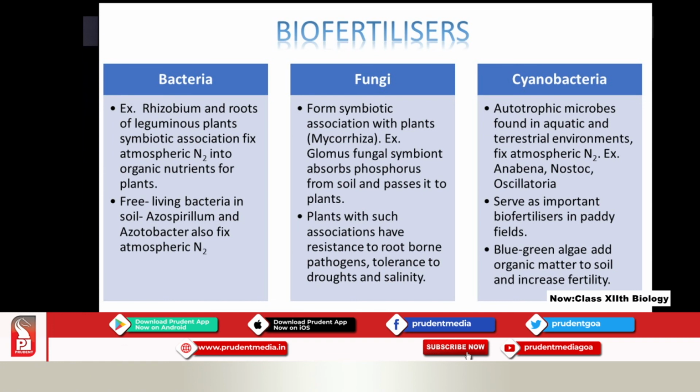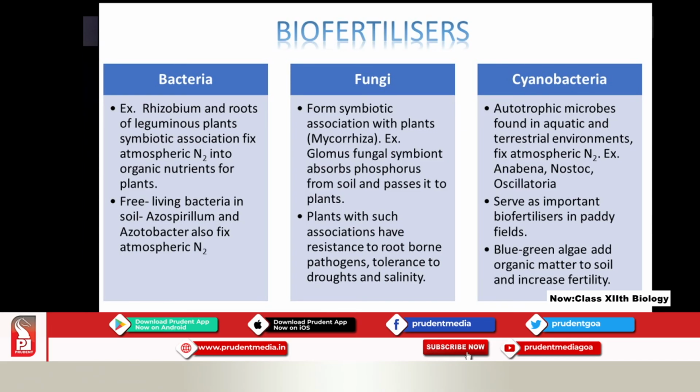Plants with such an association have resistance to root-borne pathogens and tolerance to drought and salinity. This is very, very important for 1 mark.